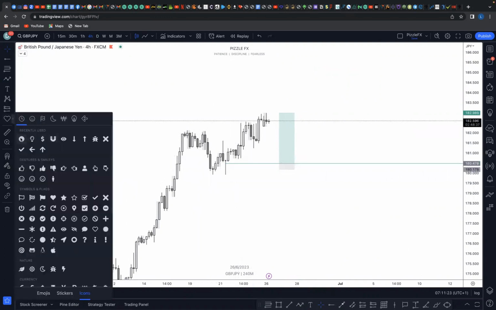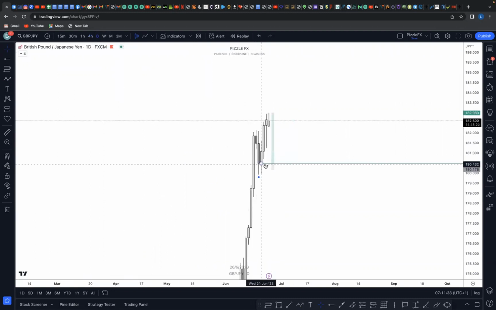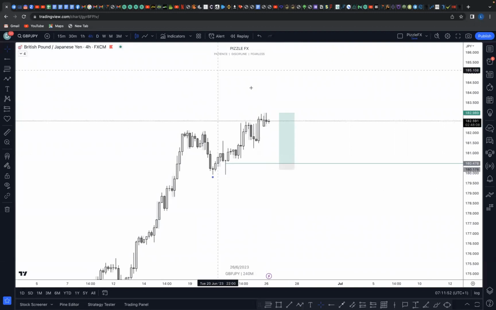Now we are finding the high. So immediately they take out this high, then we can focus on this. Our POI is what? A daily rejection. So we're expecting market to do something like this on daily. Higher low, then higher high. So on GBP JPY, that's what we have there.